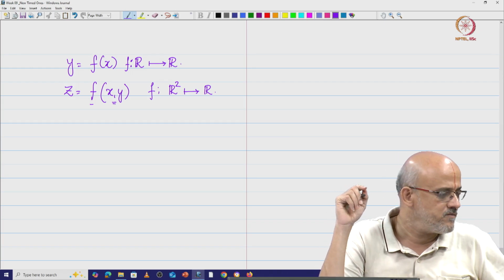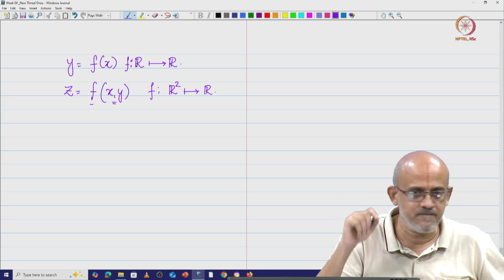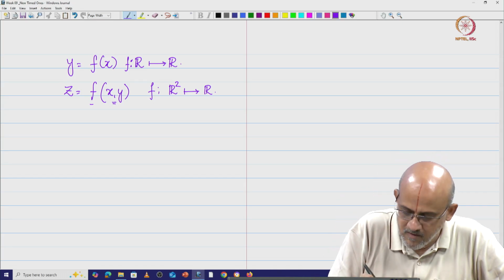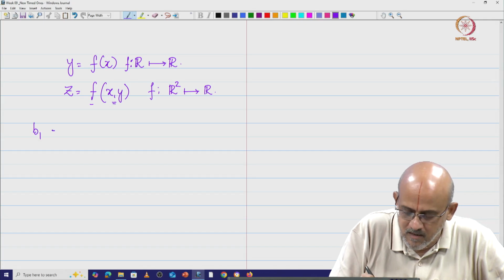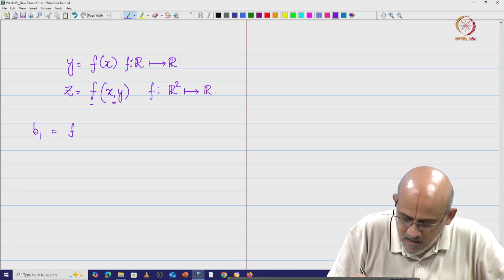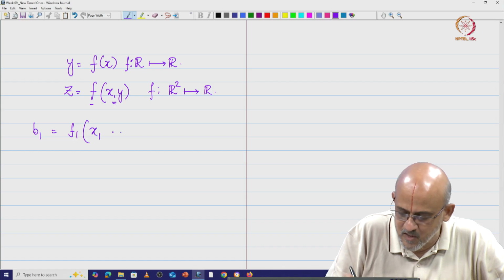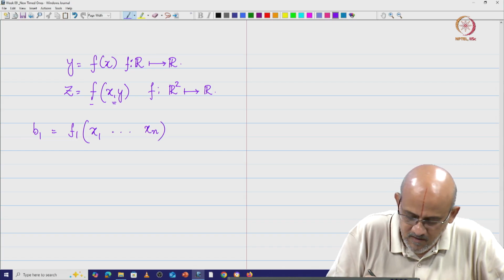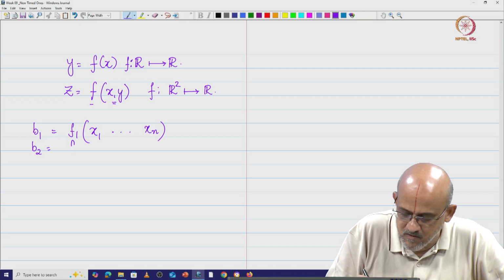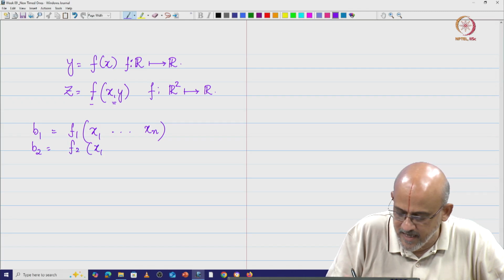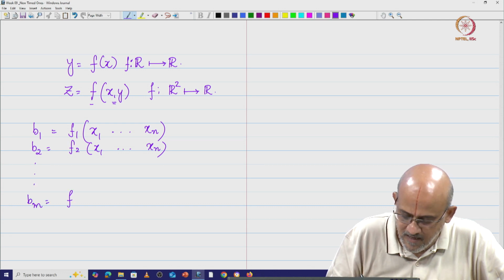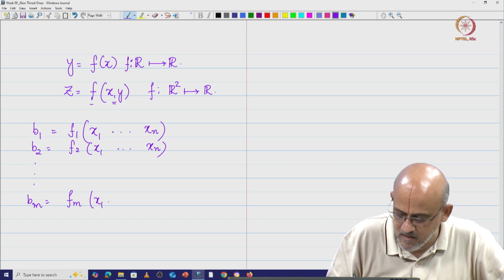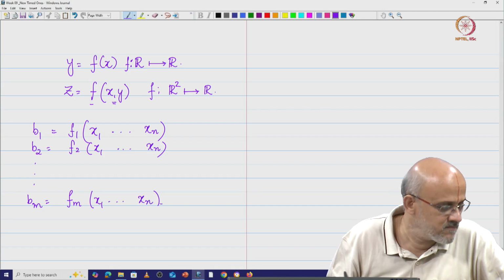So what are we going to do? We are going to look at a simple case where we have a function. Let us say b1 is equal to f1 of x1 to xn, b2 is equal to f2 of x1 to xn, and so on, bm is equal to fm of x1 to xn, right.